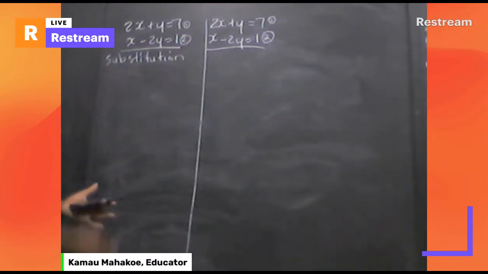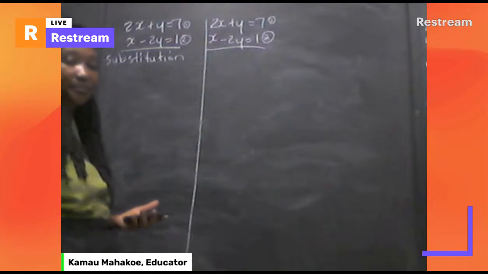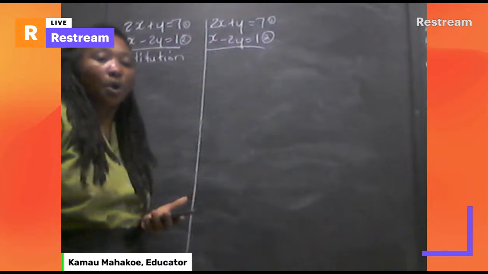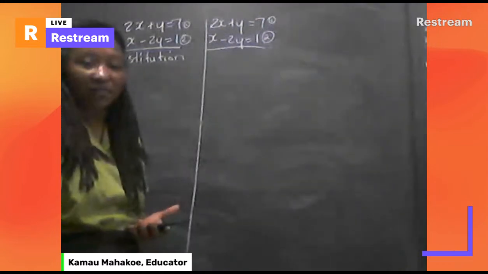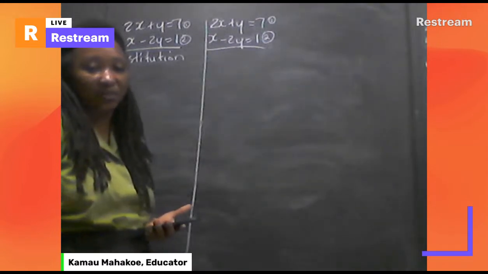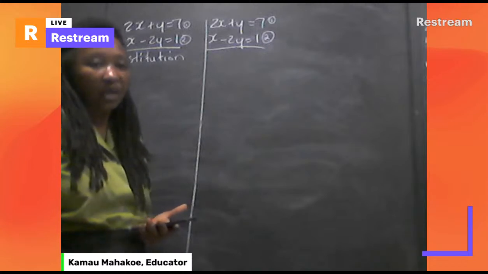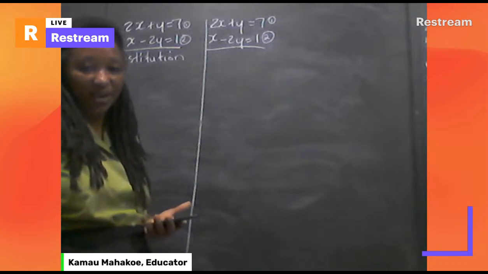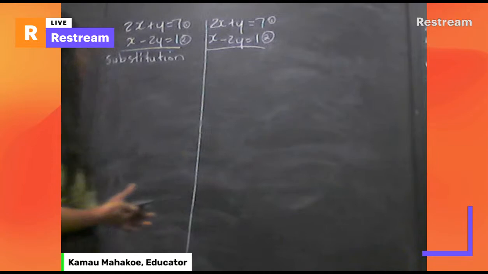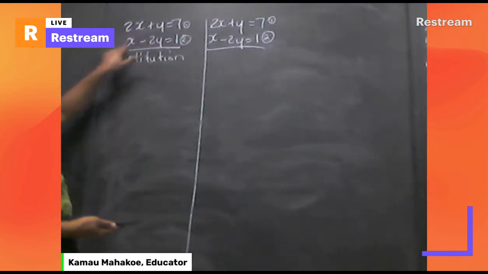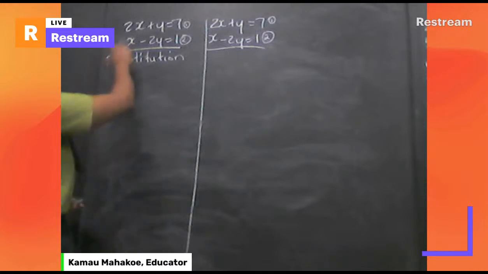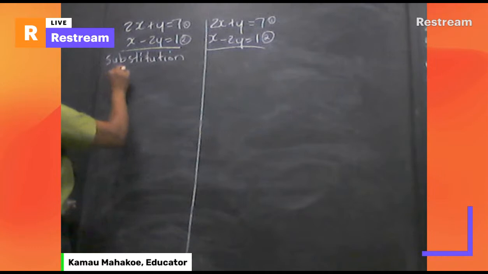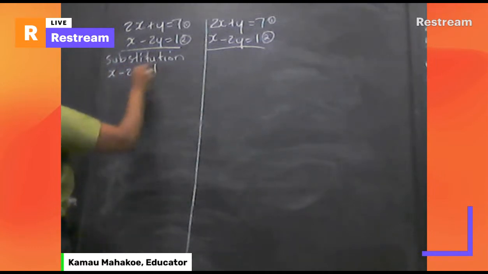Remember I was saying for substitution, we want to use any of the variables that have a coefficient of 1 or negative 1. In other words, where you can't see a number before it. So I could use this or this, whichever one, it doesn't matter. I am going to use x minus 2y equals 1.